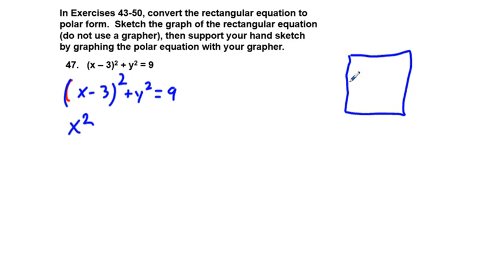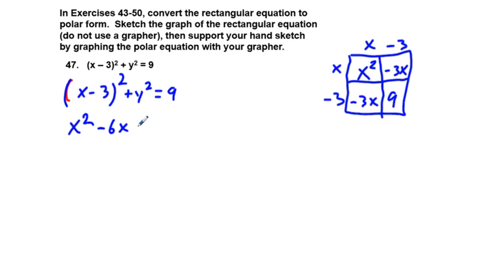Okay, if you take quantity x minus 3, quantity x minus 3, and you get x squared, which I already wrote down, minus 3x, minus 3x, and then -3 times -3 is 9. So we're going to get x squared minus 6x plus 9 plus y squared. And that's going to be equal to 9.